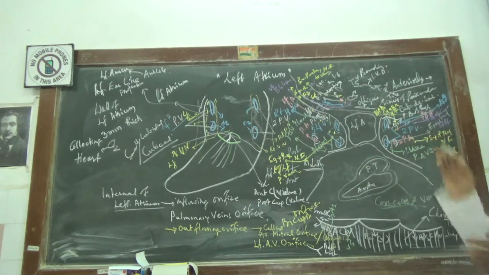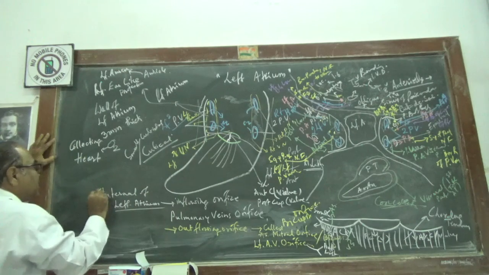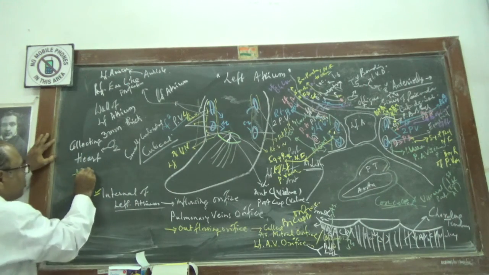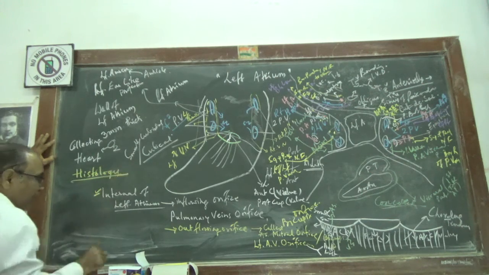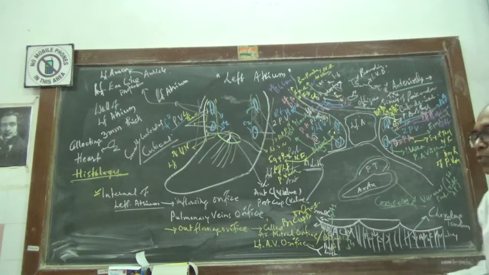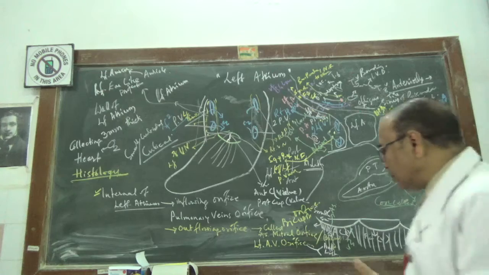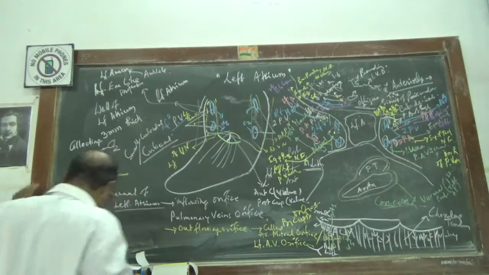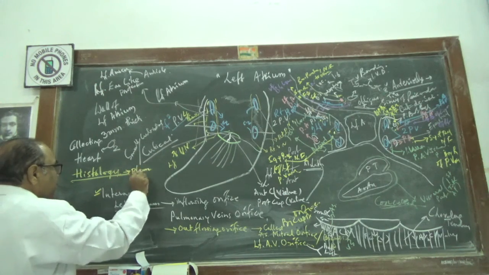So now coming to the histology, the internal features are over. Histology of the left atrium: it contains almost all plain atrial muscles.